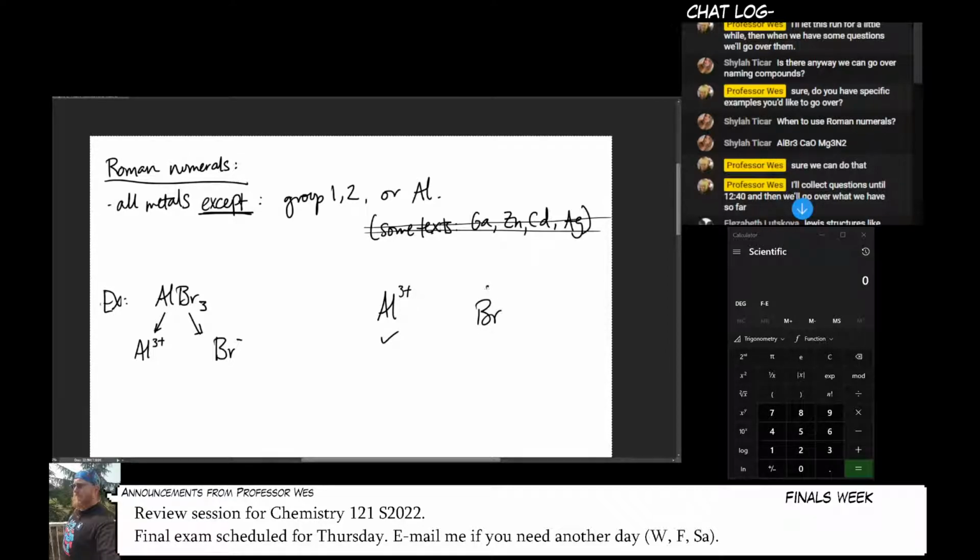And then for bromine, here's what bromine looks like, 7 valence electrons. If I add an electron, I get its octet. So that's how I know what ions these form, because these are all known. And then I would just name this. Well, aluminum is one of our ones that we don't use a Roman numeral for, so I just write its name.